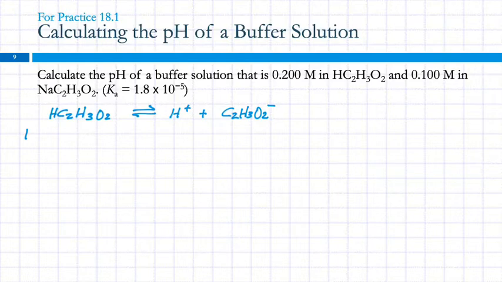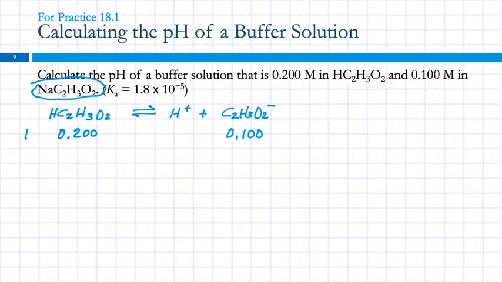Initially, we have 0.200 molar acetic acid and 0.1 molar sodium acetate. Sodium acetate is a soluble ionic compound, and so that's going to dissociate into sodium ions and acetate ions.